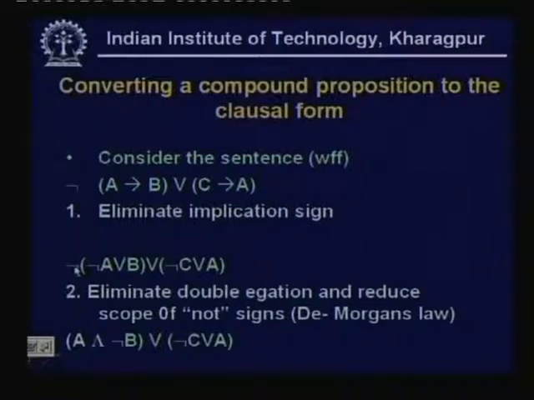If I apply De Morgan's law, the not applied over here will negate this, so this will become A and this will become not B, but the operator will become AND, the dual of that, and similarly for this it will be not C or A. But unfortunately, as we have done this, I have got an AND operator which is not allowed in a clausal form. So, I have to do something more.